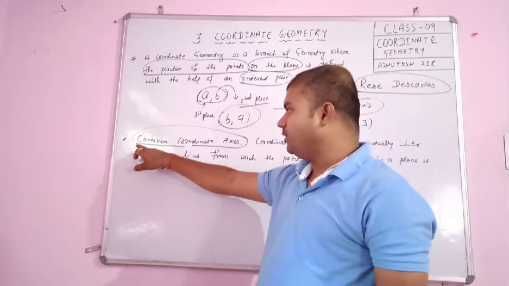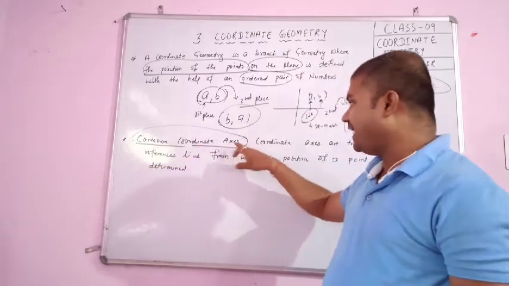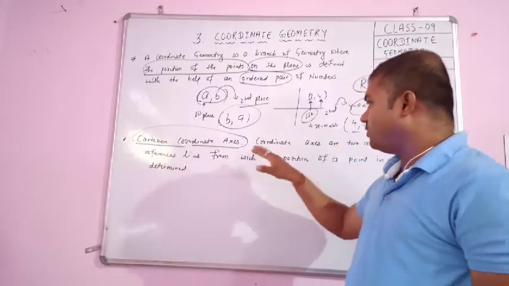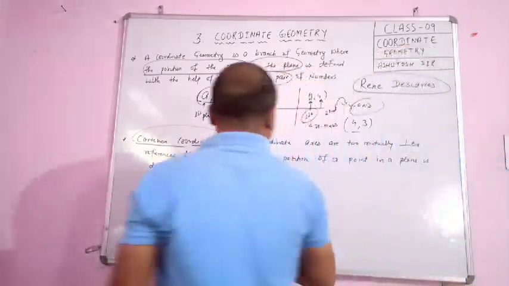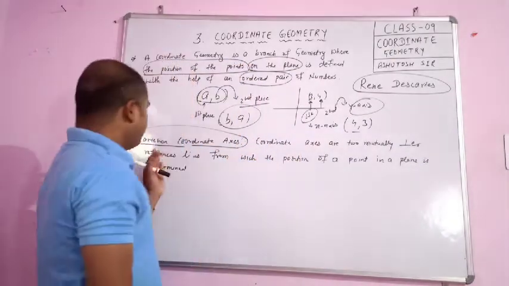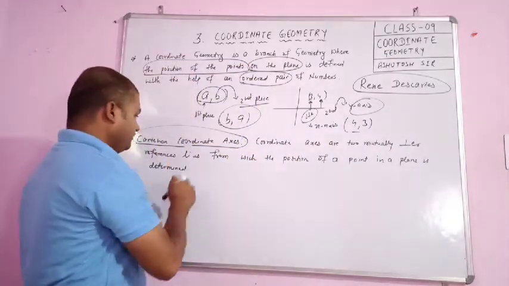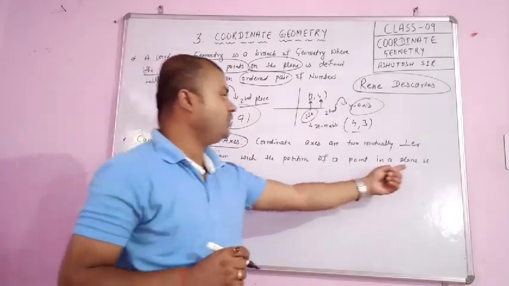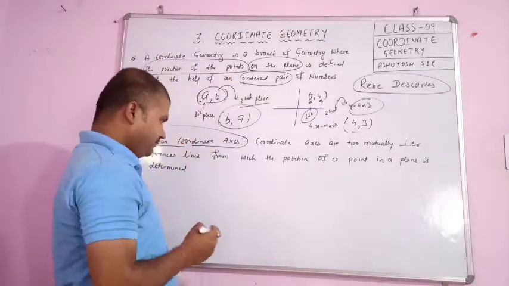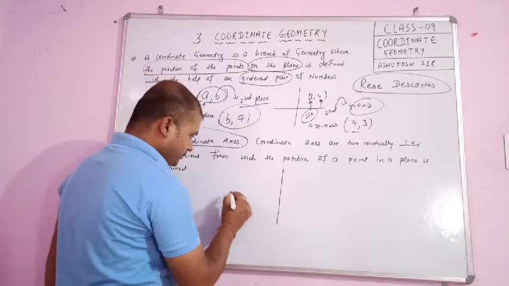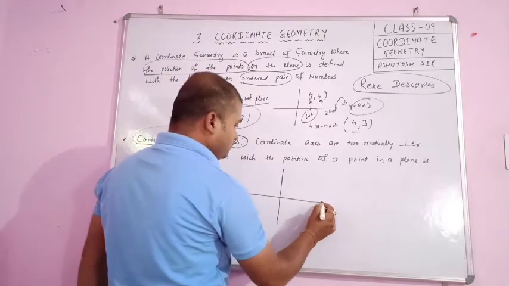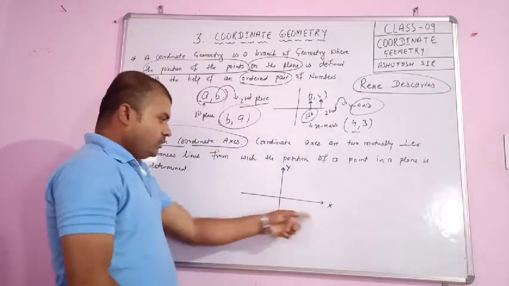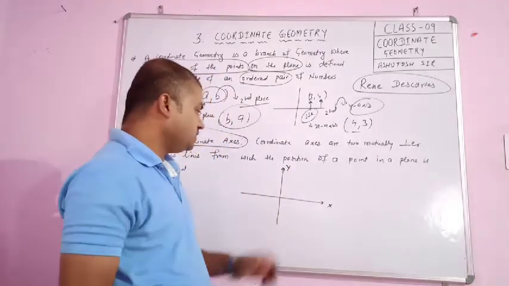That means the one word is Cartesian coordinate axis. Okay, what is the Cartesian coordinate axis? Coordinate axes are the two mutually perpendicular reference lines from which the position of a point on a plane is determined. Suppose you draw the x axis and y axis, and these axes are perpendicular to each other.